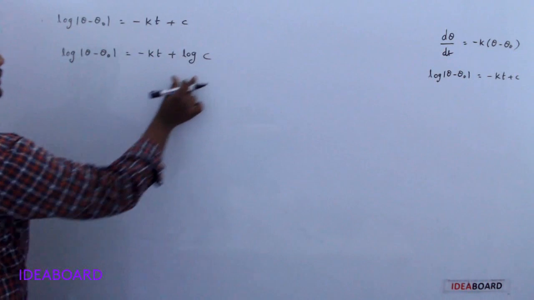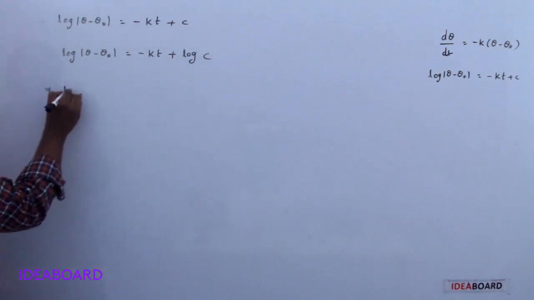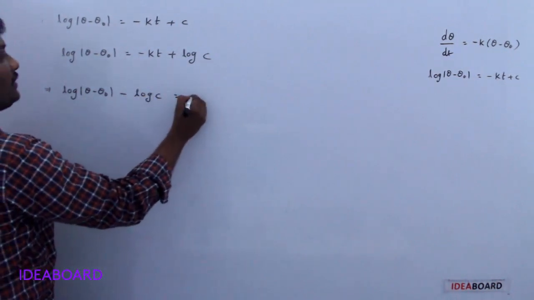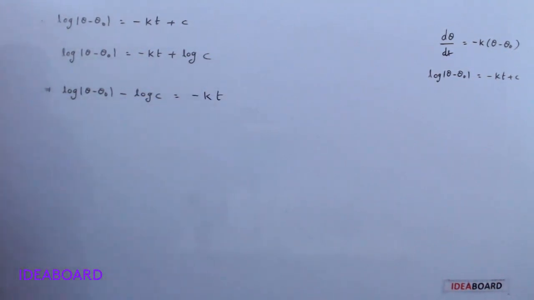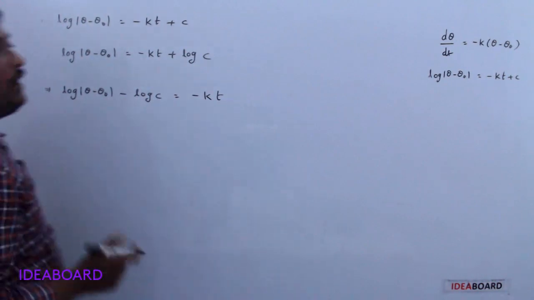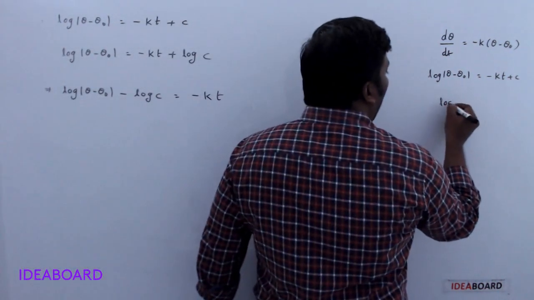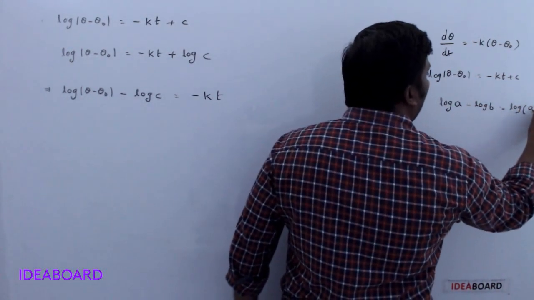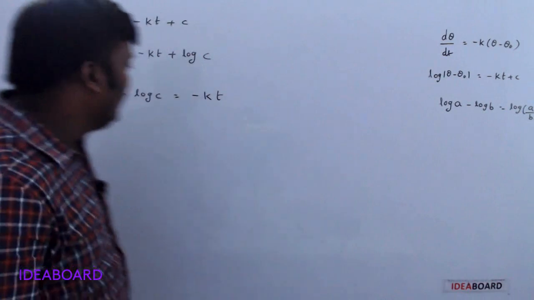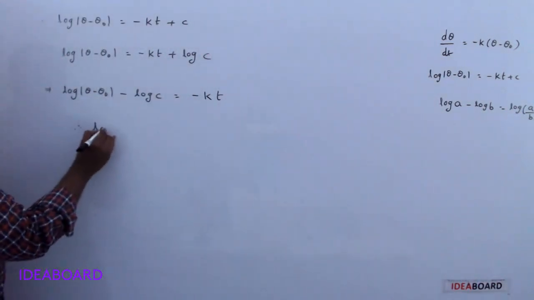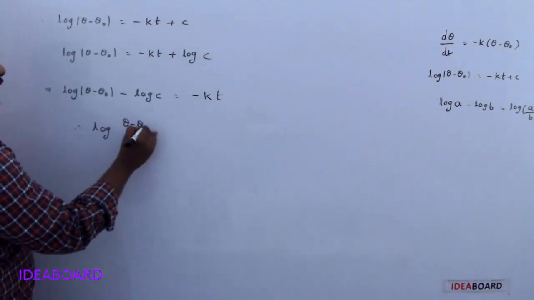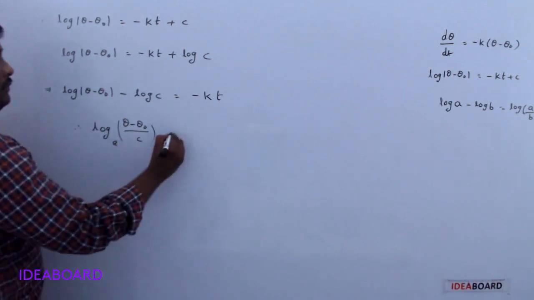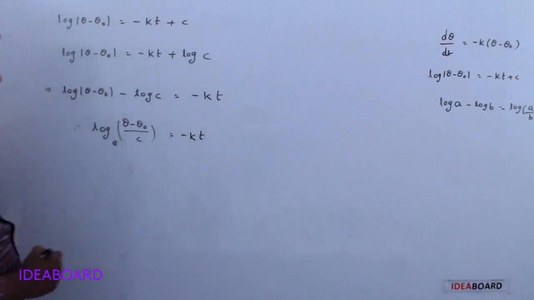Understand? Now this log will be taken to this side. Log (theta minus theta naught) minus log c is equal to minus kt. This is like log a minus log b. We have the formula log a minus log b is nothing but log a by b. So we got log of (theta minus theta naught) by c is equal to minus kt.